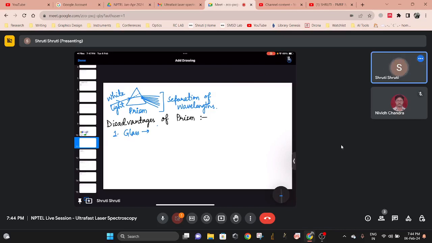Since this side is a mixture of many wavelengths, the intensity here is going to be high, but after the separation of particular wavelengths, the intensity is going to go down because the number of photons are being segregated in each particular wavelength channel.